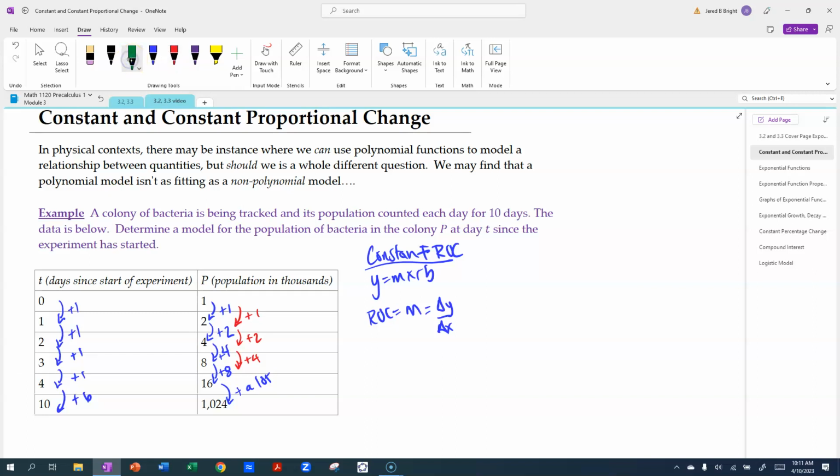But in this case, I'm going to say we have a non-constant rate of change. There's actually going to be a different word I'm going to use instead of non-constant, but we'll just say non-constant for now. And then the question is, what's our function, what's our mathematical model, or algebraic representation in this situation?